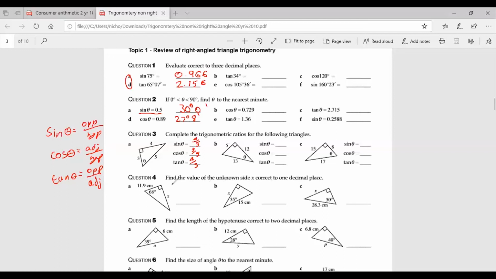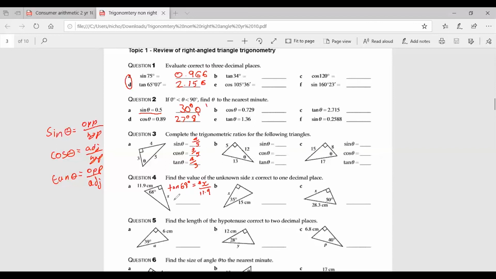Tan 68 degrees equals x over 11.9. And then how do we find x?